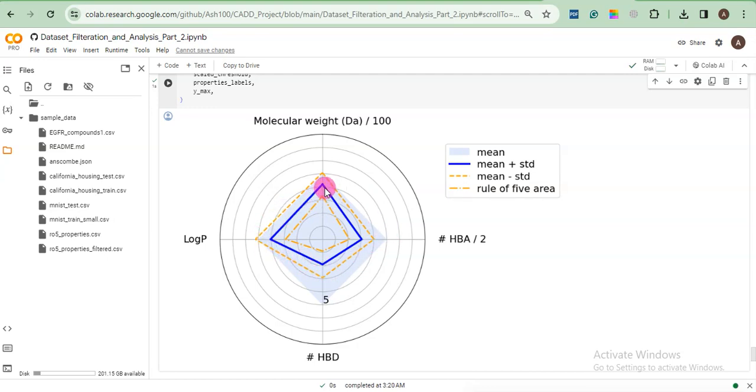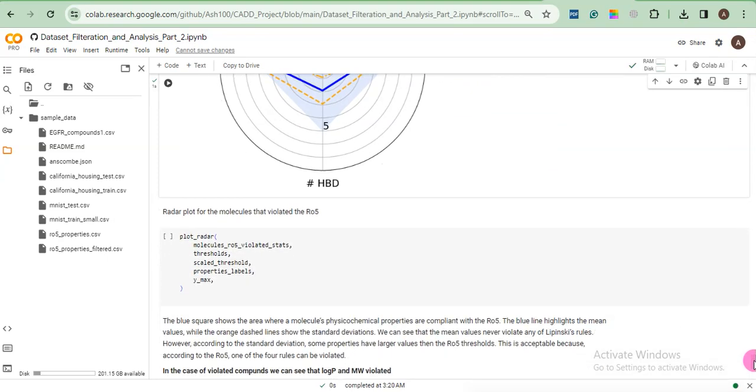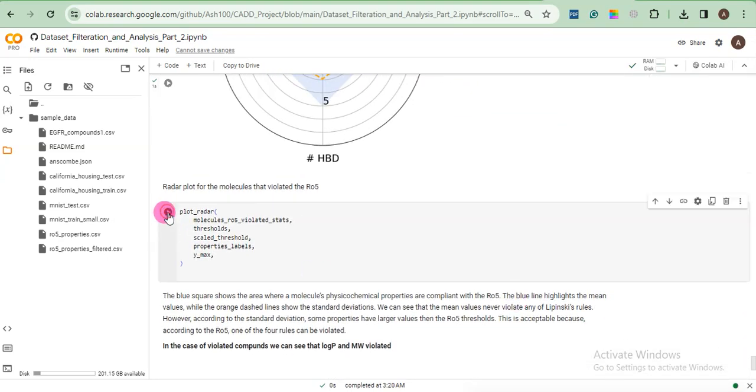These are the standard deviation, and this is the rule of 5 area. Now you will understand when we generate the second plot.